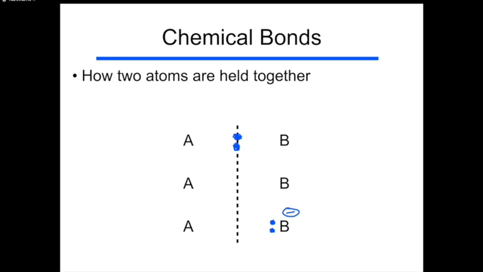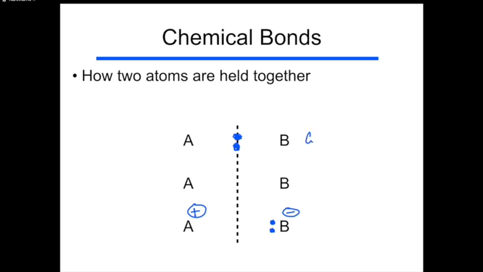Now I'll have an extra electron. Remember, I didn't change the number of protons, so I'll become negatively charged. On the other hand, the other atom will have the same number of protons it started with, but one or more less electrons, and it will become positive. These are the two extremes.